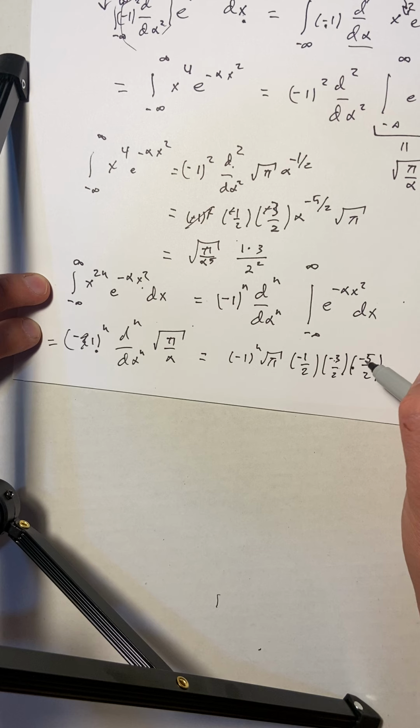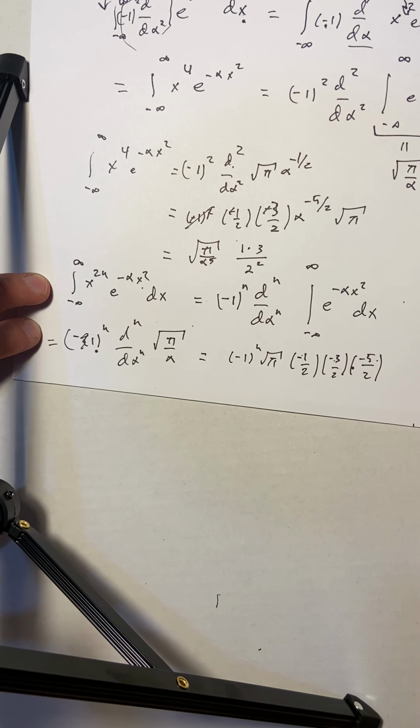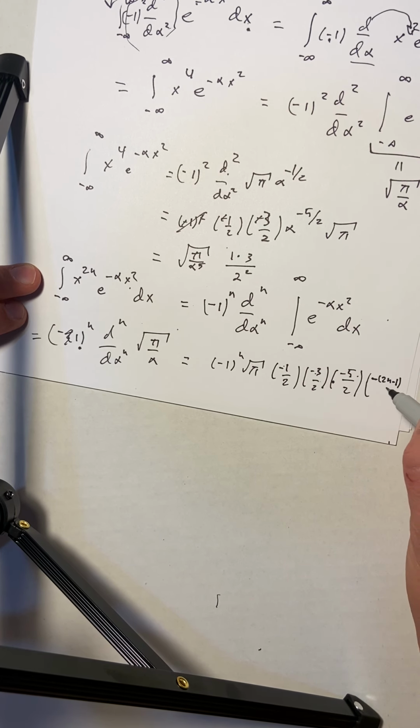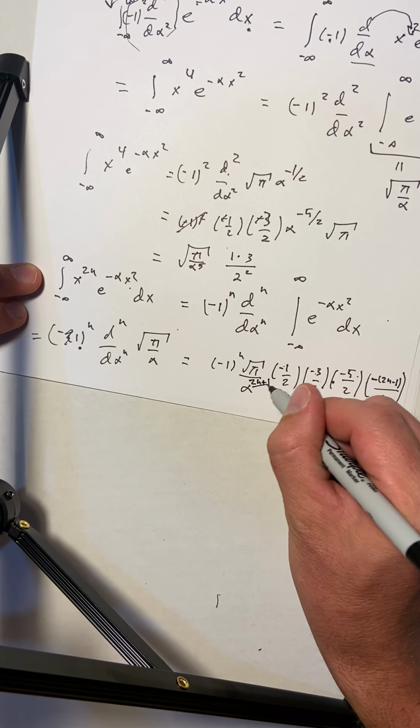So I'll get all the way up to the nth odd number. Well, that's 2n minus 1. I can see this because if n was 1, the first odd number is 1. So 2 times 1 minus 1 is going to be the first odd number, which is 1. And then there's going to be an alpha to the (2n plus 1) over 2 here.